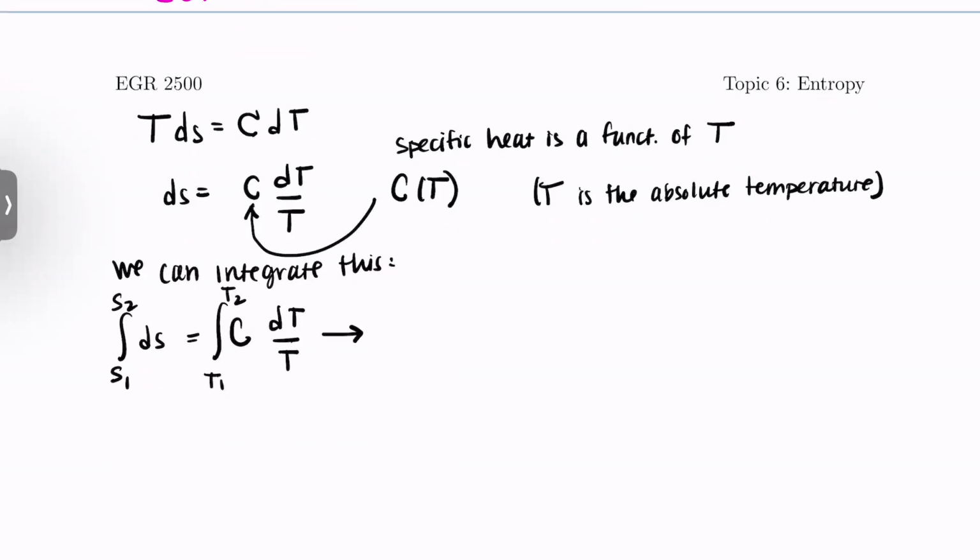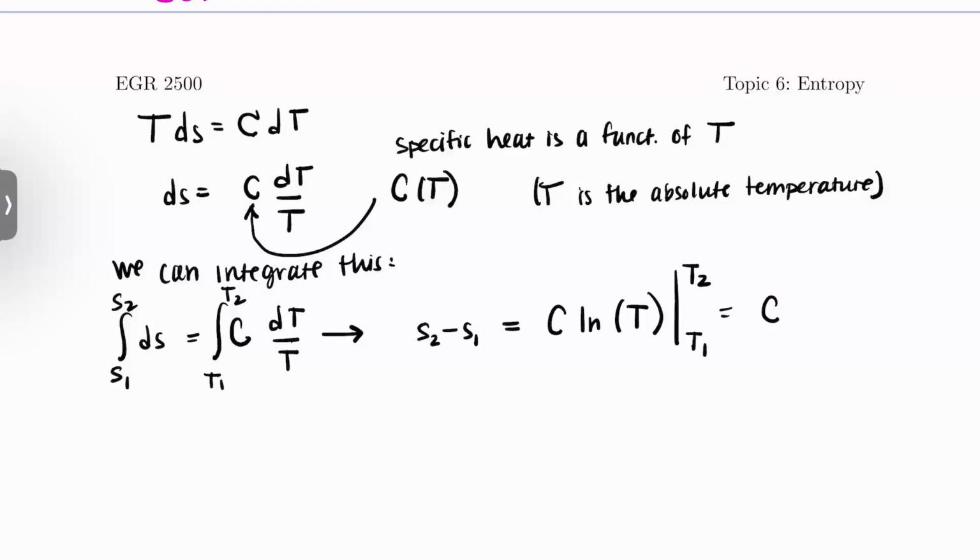Left-hand side. Right, so we have S2 minus S1. What about the right-hand side? So we have a natural log, right? And then we're going to evaluate this from T1 to T2. This one was too much of a leap to apply the limits straight away.